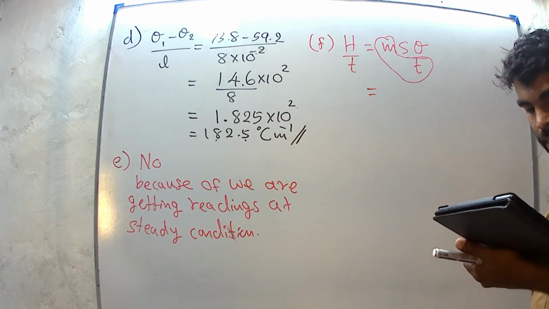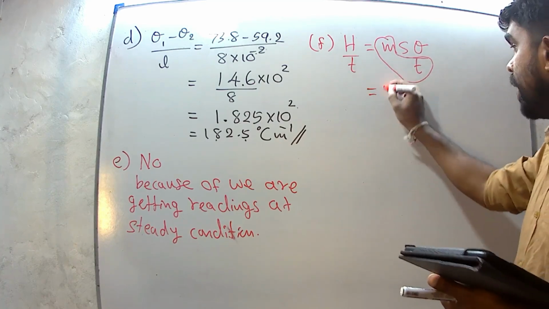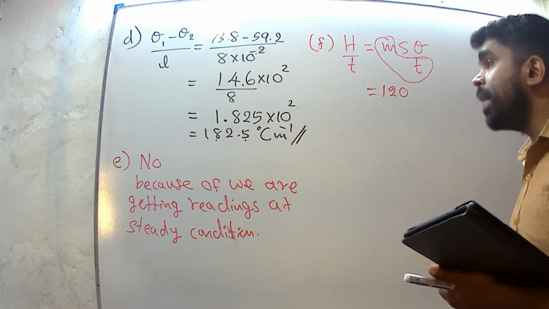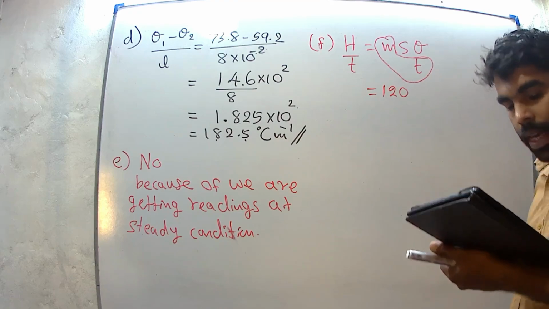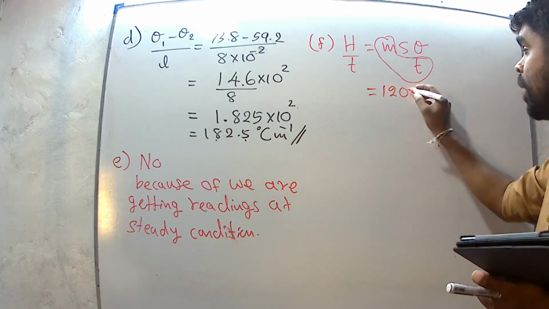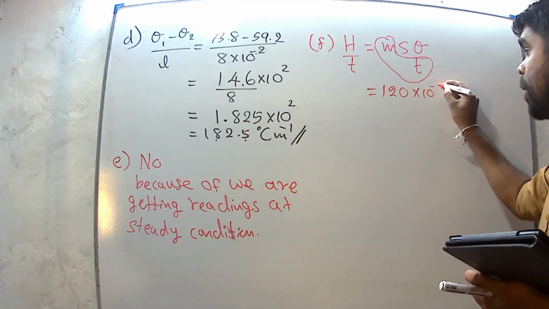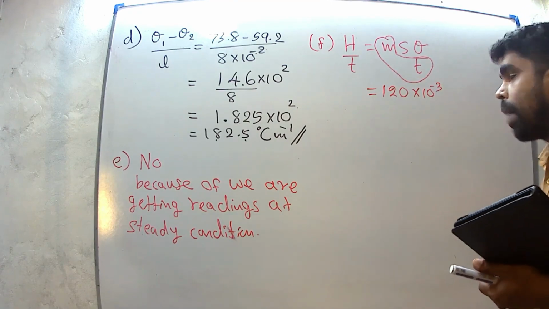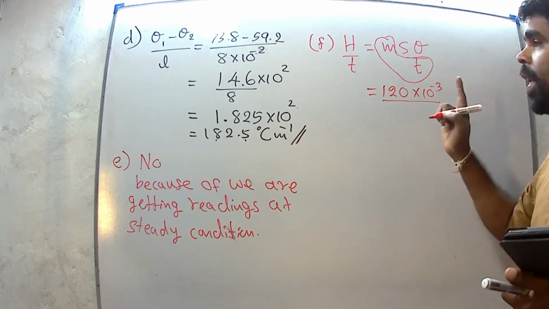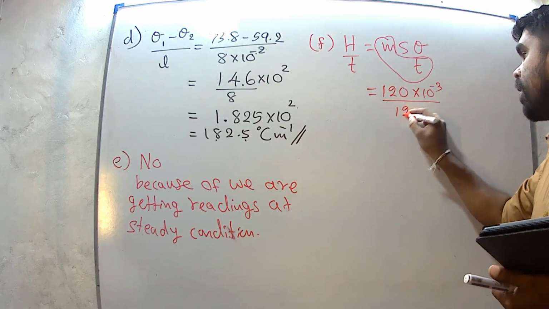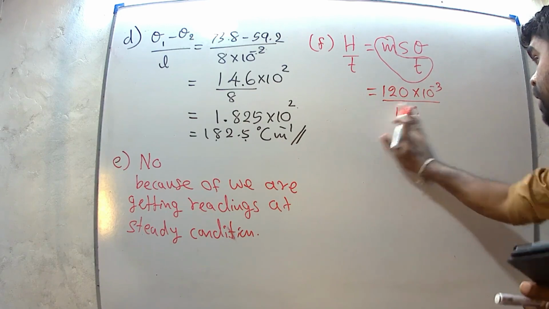It is given as 120 grams per minute. Then I will convert gram value to kilogram by multiplying by 10 to the power minus 3. And we have to convert 1 minute to seconds. 1 minute is 60 seconds.